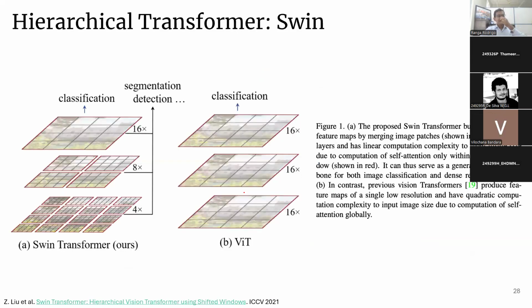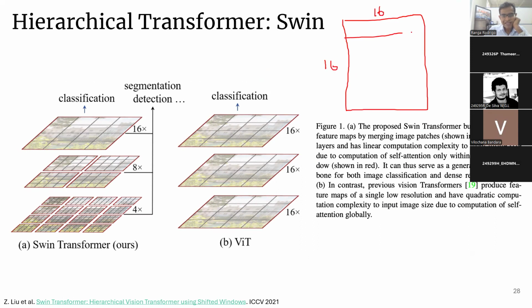Okay. Now we looked at the ViT. The problem with the ViT is this. Now, if you have 16 by 16 patches, so we said that there are 16 by 16 patches, right?